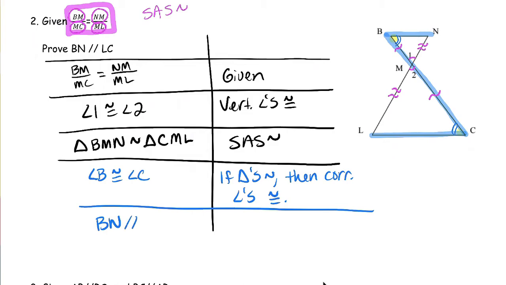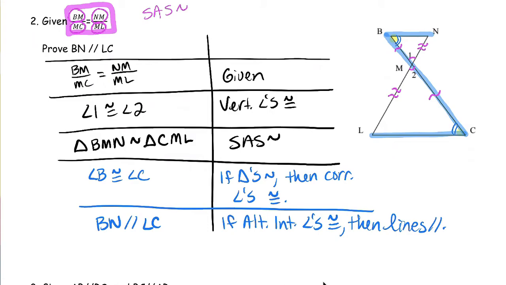Line BN parallel to LC if alternate interior angles congruent, then lines parallel. This is also known as the alternate interior angles converse.